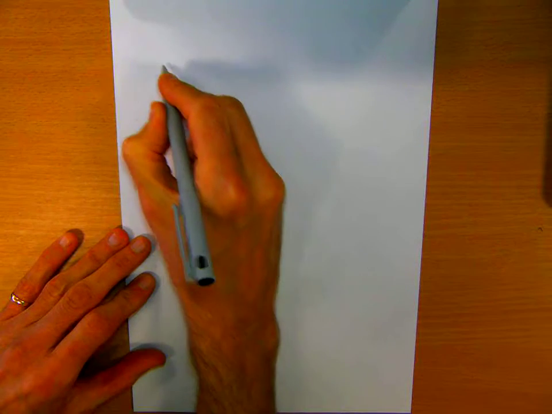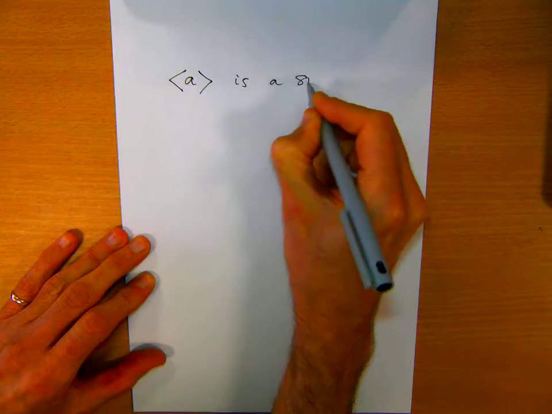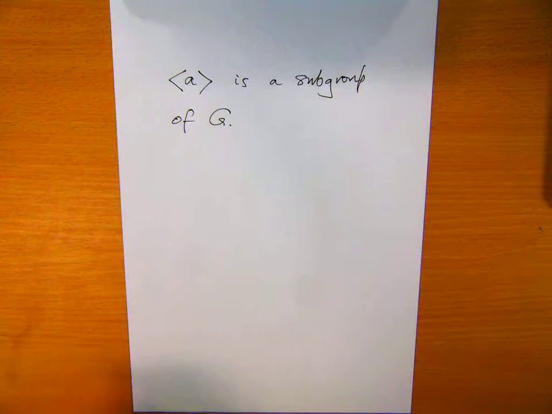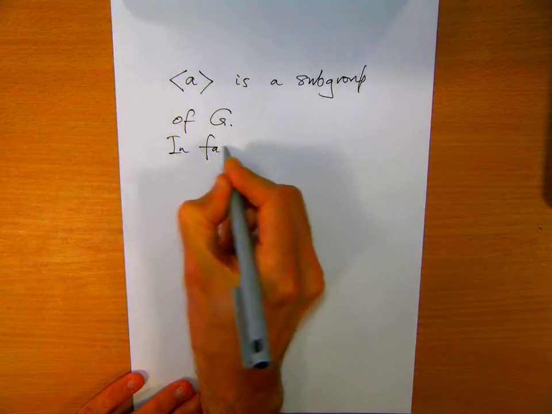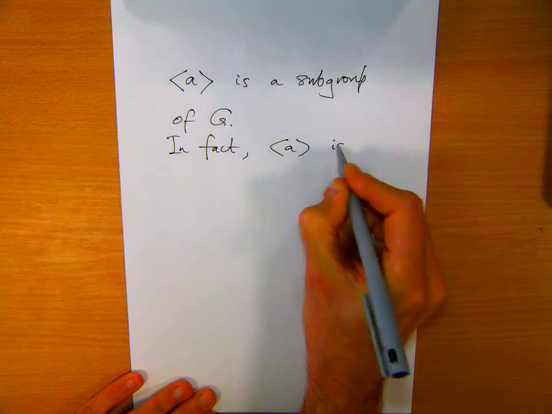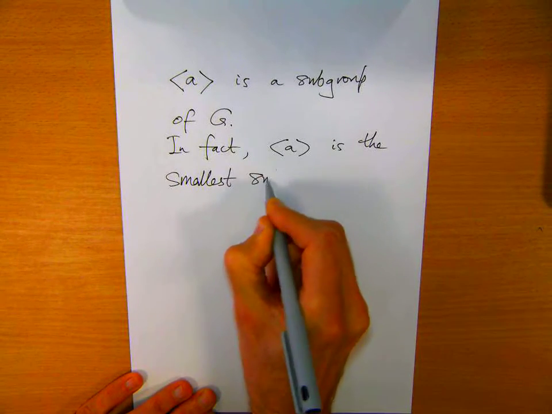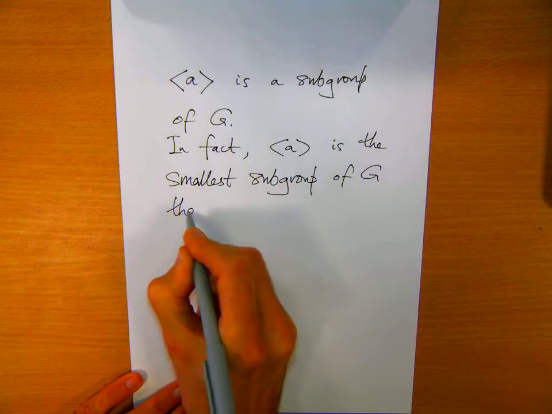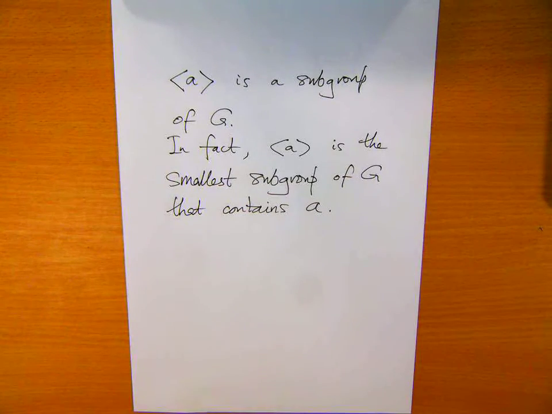And what we showed last time is that pointed brackets A is a subgroup of G. By definition it's certainly a subset, but it's actually a subgroup. And in fact, it's the smallest subgroup of G that contains A. And we proved that last time.